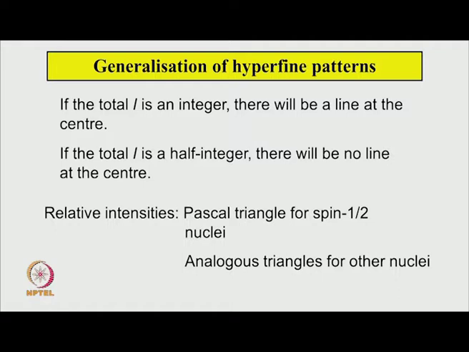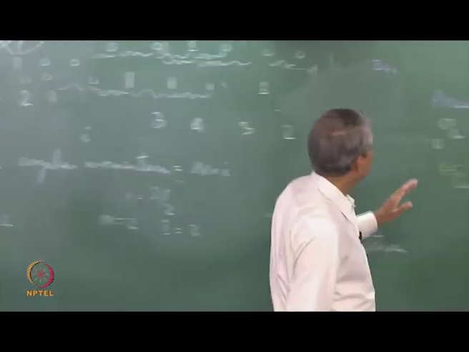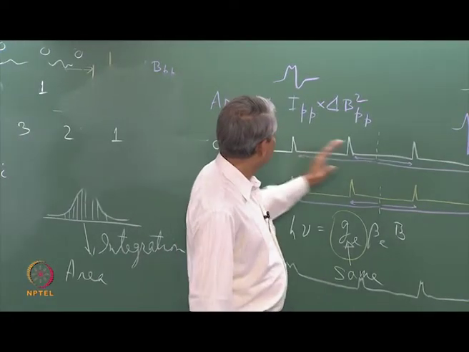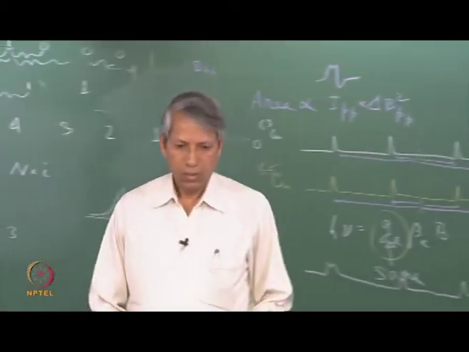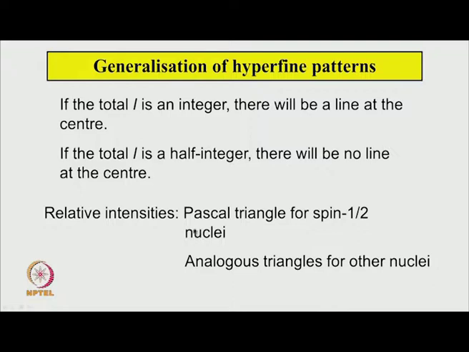If I is a half integer, then 2I plus 1 becomes an even number, so there will not be a line in the center. Here 3 by 2 was there, so there is no line at the center. The relative intensities will be given by the Pascal triangle for spin half nuclei, and analogously for other nuclei we can generate a triangle of a similar kind.